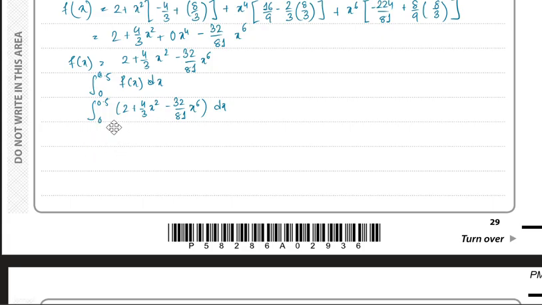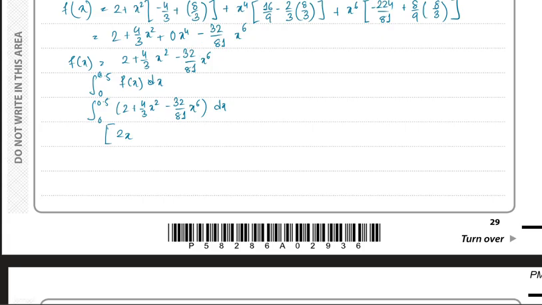So the integration of 2 would be 2x, because 2 is actually 2x to the power 0, and we integrate things in this form.